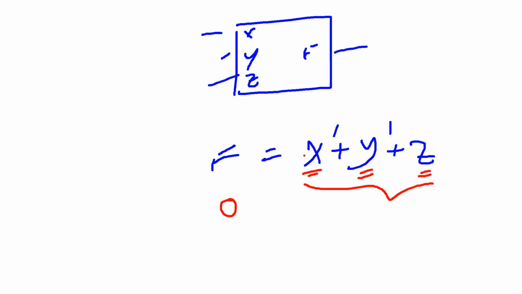So the value of x that makes the output 0 is 1, and x prime becomes 0. Y also is 1, so y prime is 0. Z is 0, right? So when you apply 1 1 0 into the function, the output will be 0, only one case. So this term is a max term.